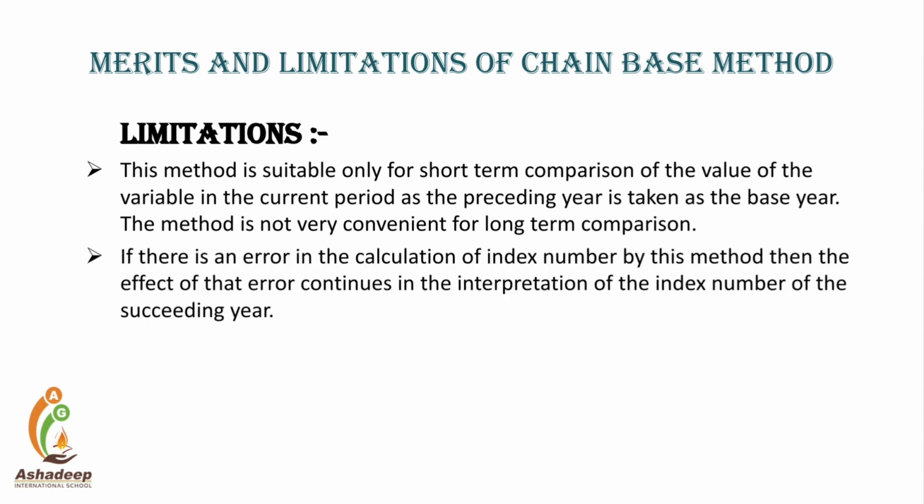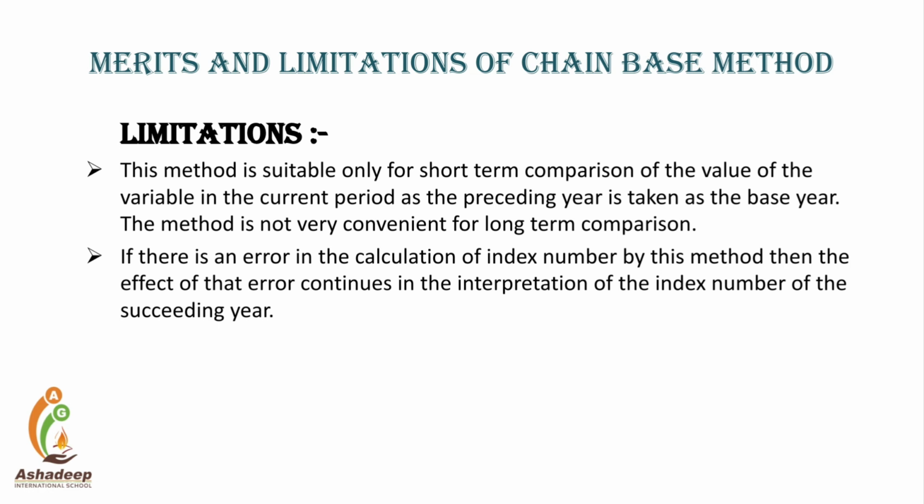If there is an error in the calculation of the index number by this method, then the effect of that error continues in the interpretation of the index number of the succeeding years. As we know, this method is known as the chain based method because each year's index number is dependent on the value of the preceding year.